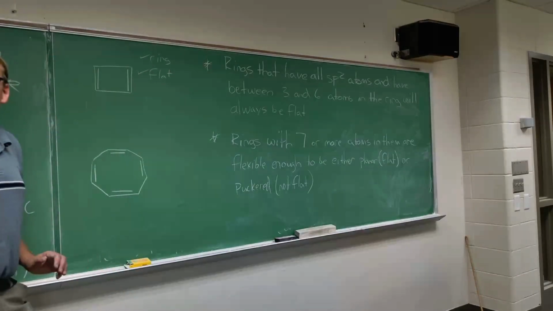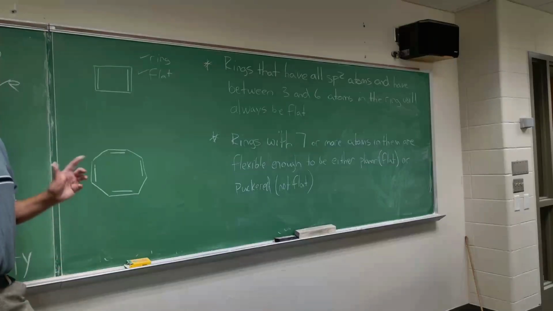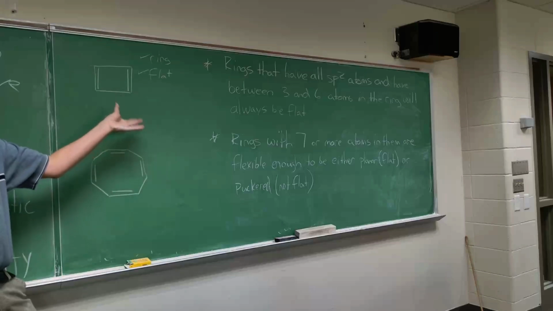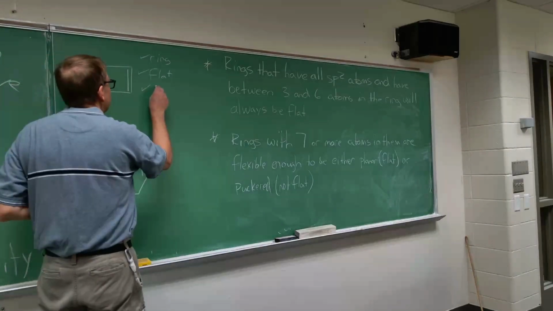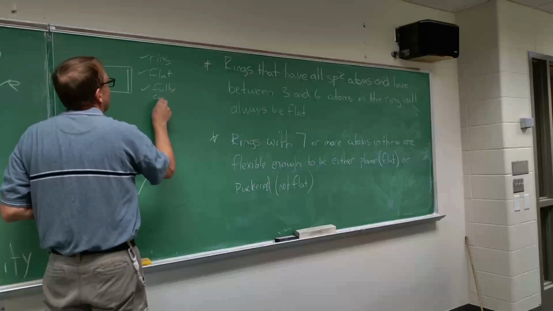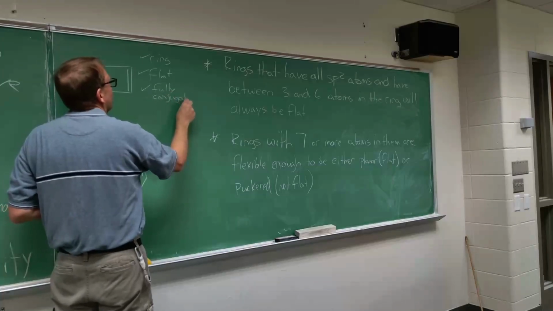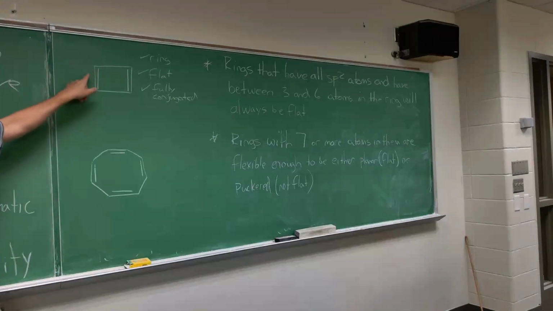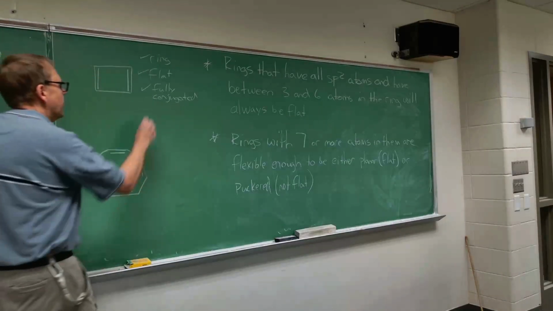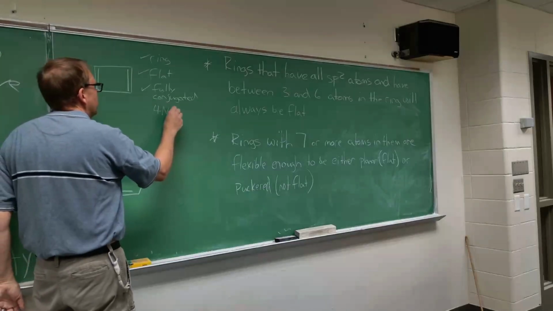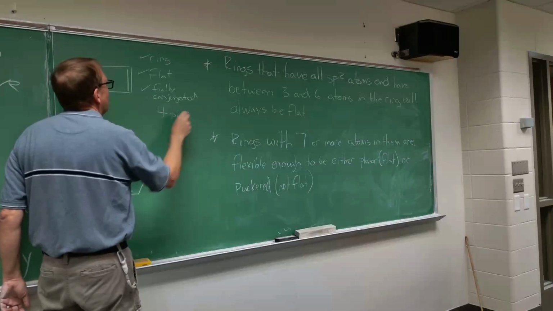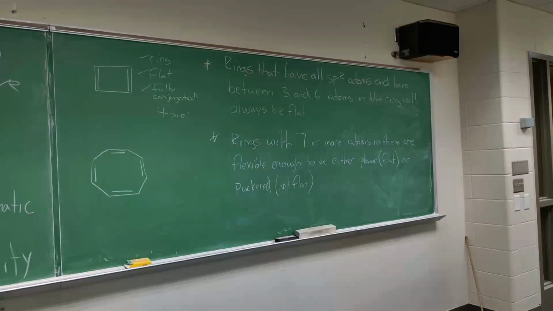Is it fully conjugated? Well, it's got a p orbital here, p orbital there, p there, and p there. So it's a full ring of p orbitals, so yes, it's fully conjugated. And for pi electrons, you count 2 for every pi bond, so this goes 2, 4. It has 4n, well, let me just say 4 pi electrons. That's associated with anti-aromaticity. So this is an example of an anti-aromatic molecule.